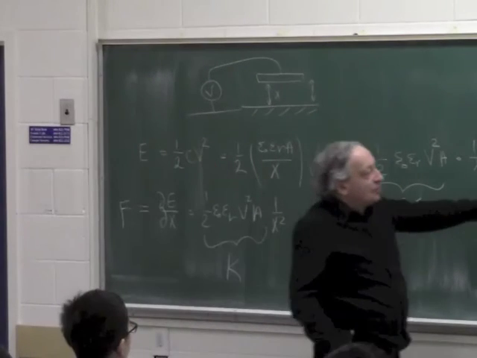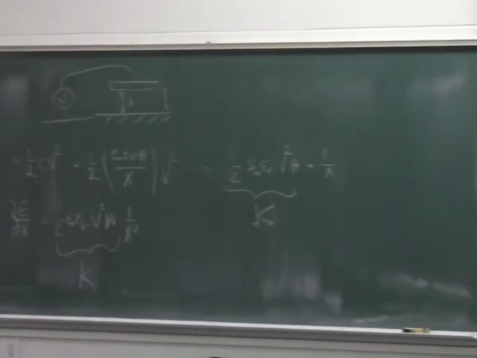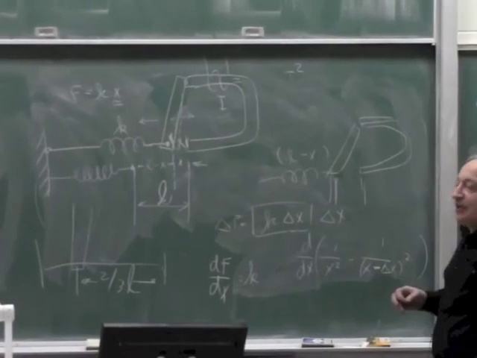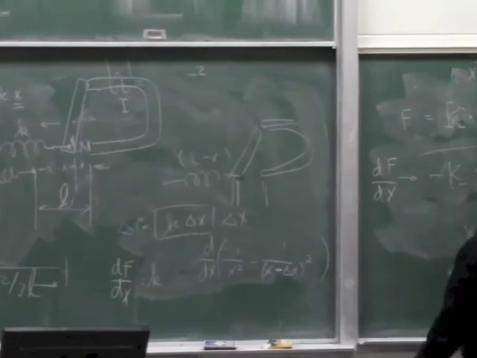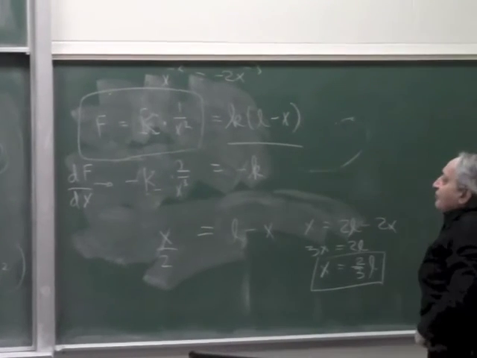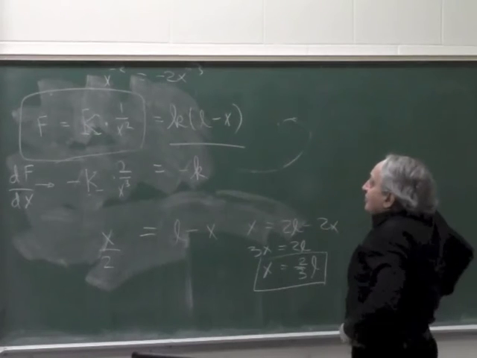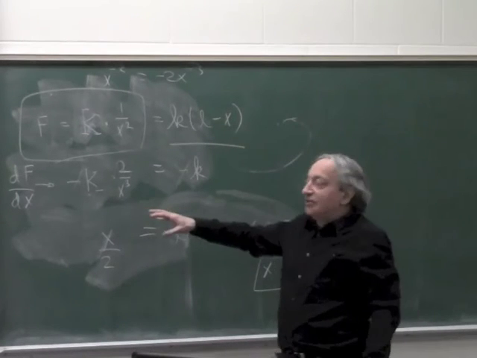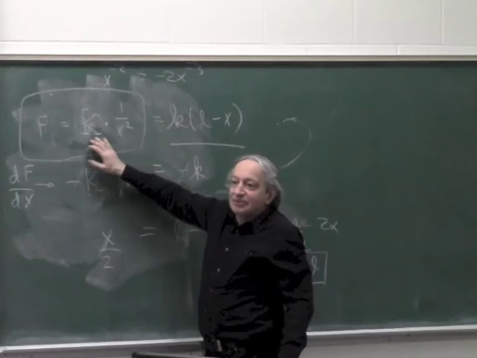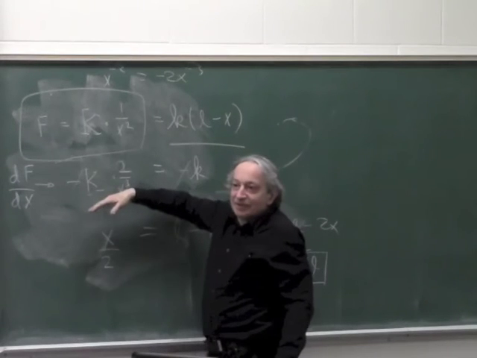So this derivation is valid not just for moving coil, moving iron, but for any actuator which has this formula. Any actuator which is called an inverse square actuator, this derivation is valid, because I didn't use here any property of K. As a matter of fact, K cancelled out right away.